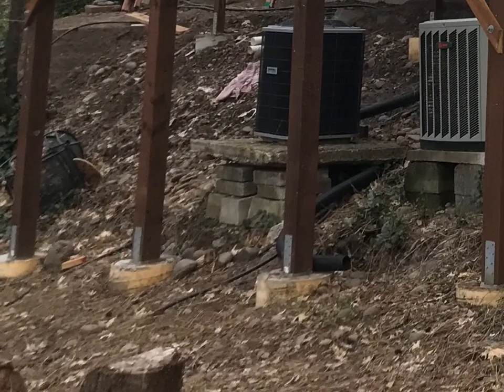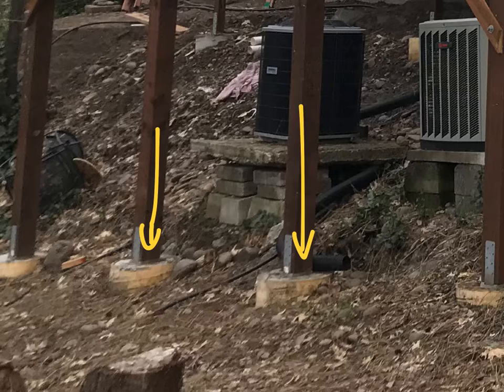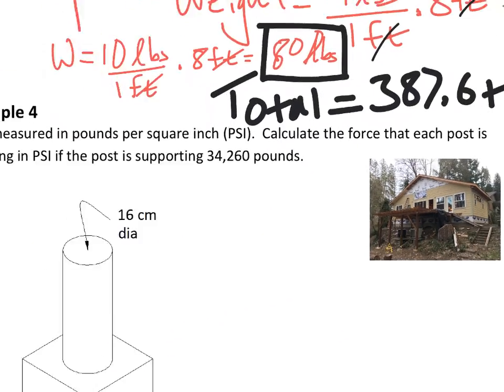All right, so we've got some cement in the ground. So there's pressure coming down, the weight of this on all of these, and the cement will kind of redistribute that. Okay, and so it can take a certain amount of pressure. So that's what this problem is all about.